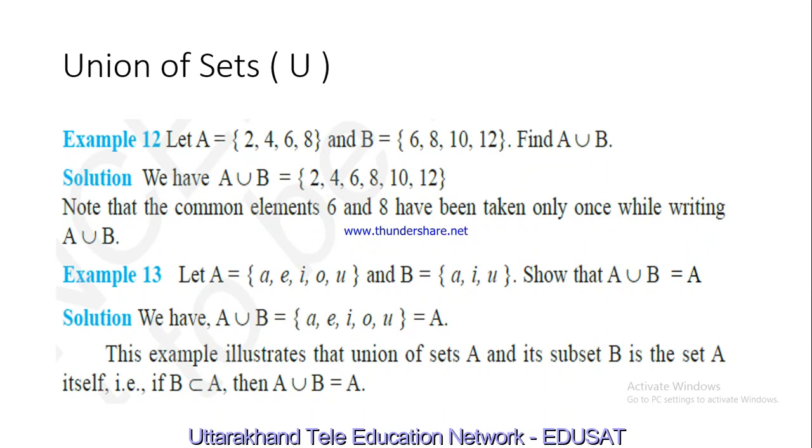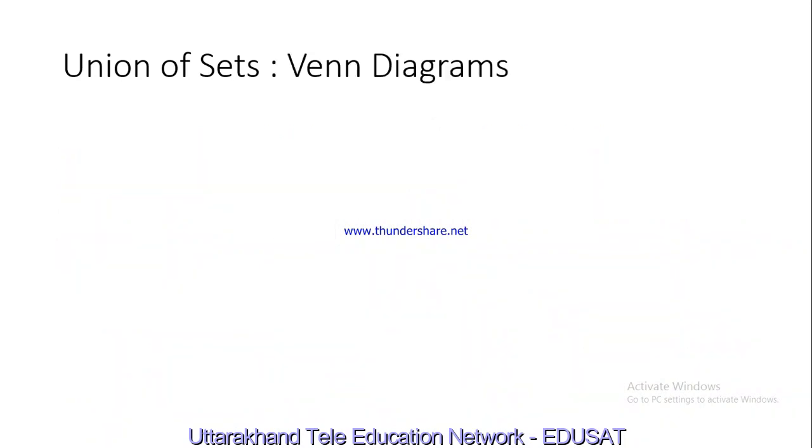A union B is equal to the set A, because B was the subset of A and we wanted to find out the union of A and B, or in other words the set and its subset. So A union B will be equal to A. Now we have to remember this general principle.